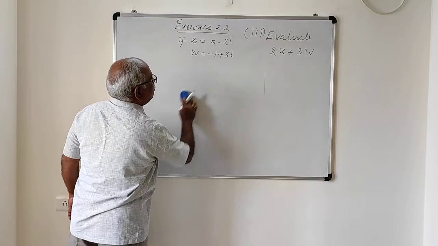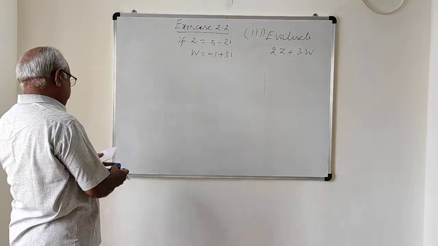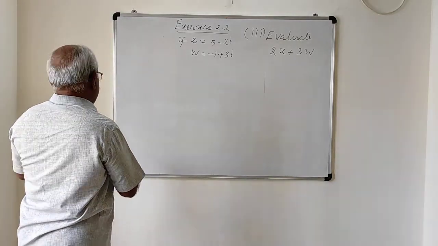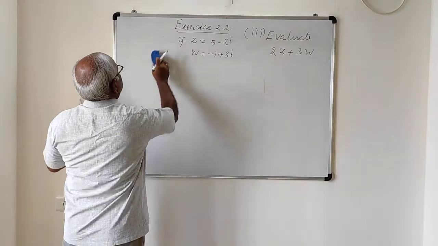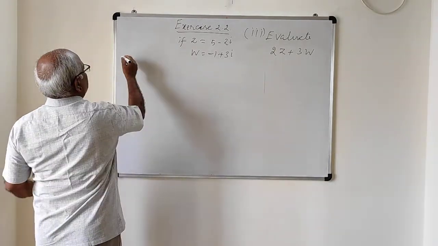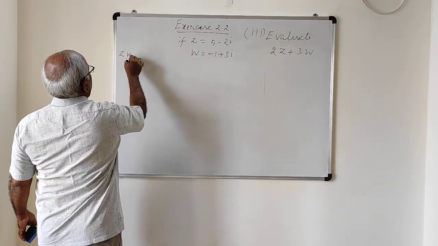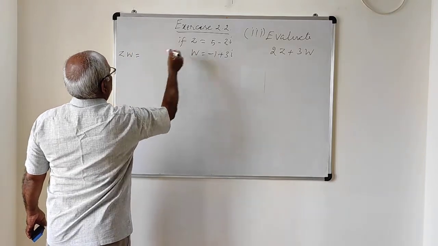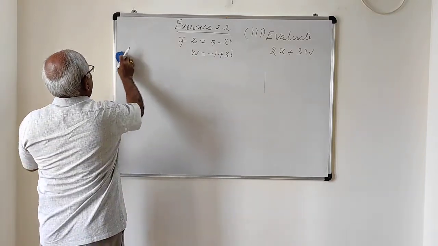Subdivision 4. Fourth one is zw, z into w we want.